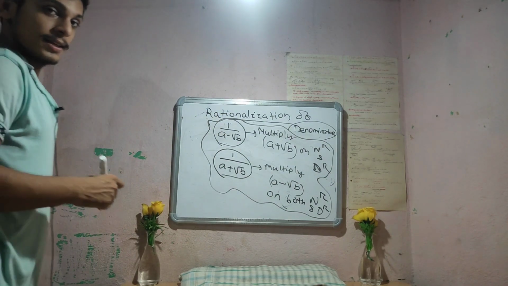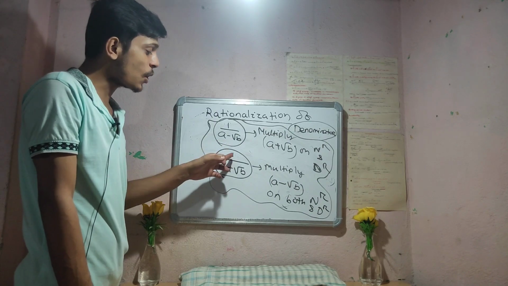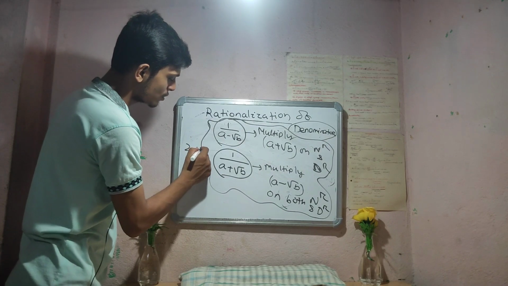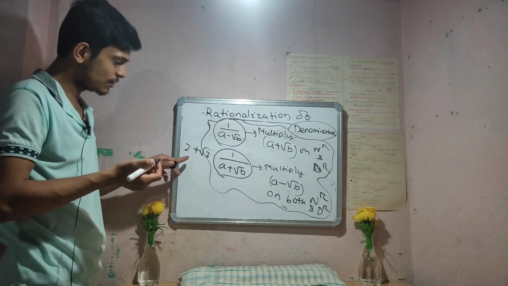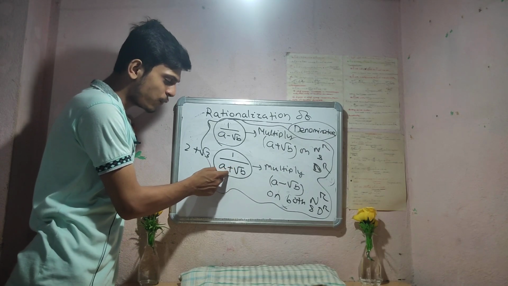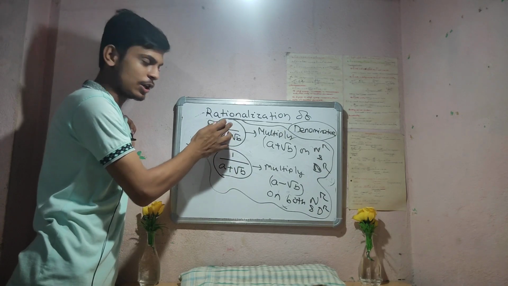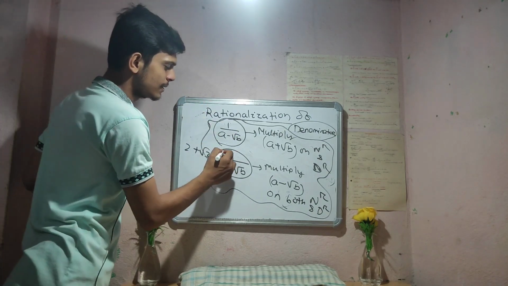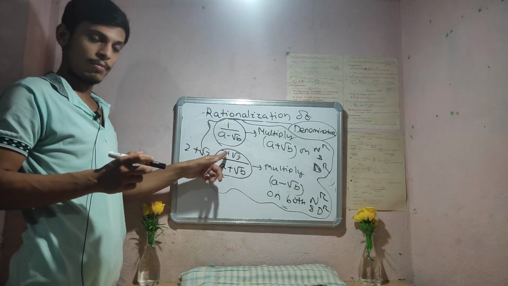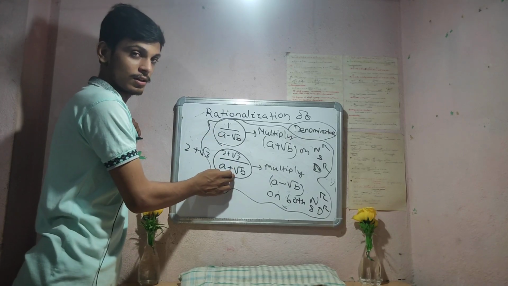Clear? It is not necessary that the numerator is always 1. There is also another form, for example 2 plus the square root of 3. But you have to focus mainly on the denominator, not on the numerator. Whatever the numerator may be, in place of 1 there may be 2 plus root 3. You simply have to focus on the denominator.